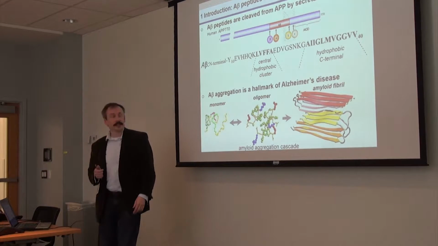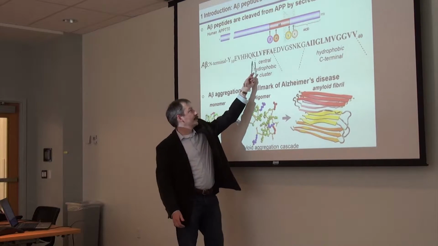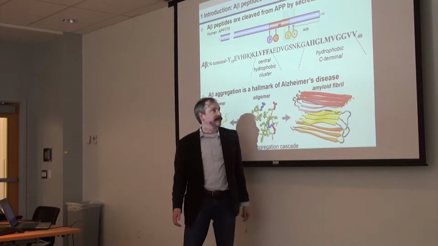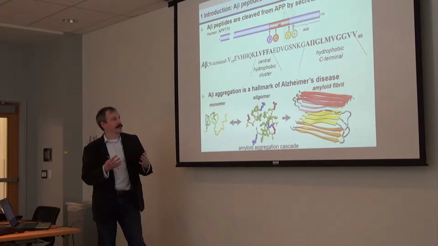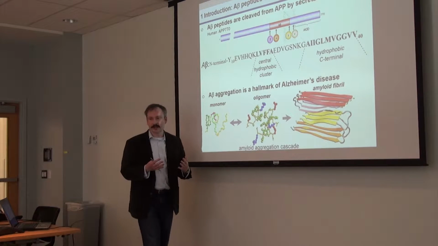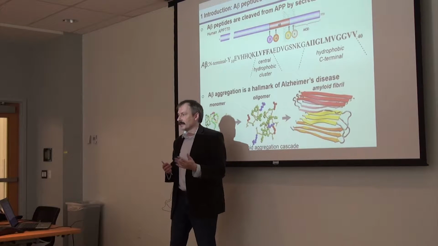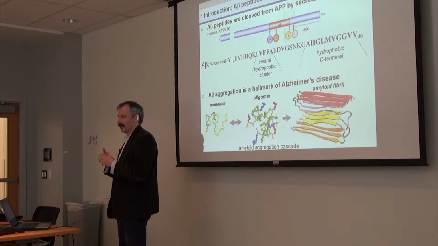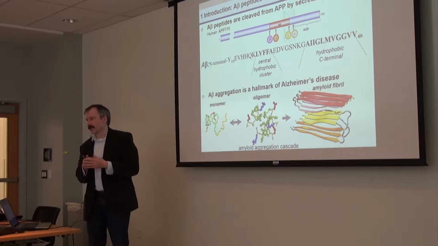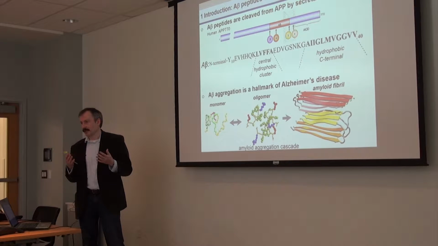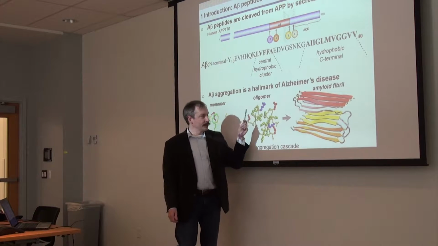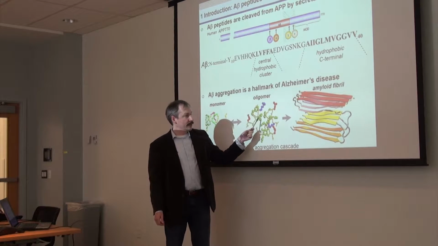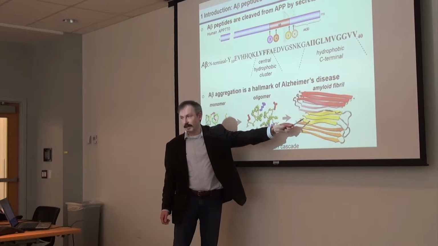This sequence has two hydrophobic regions, this one and also in the C-terminal. But otherwise, I wouldn't say that it's an unusual sequence, except that it doesn't form any well-defined native structure in aqueous environment. So this is a naturally unstructured, unfolded protein. Its important property, however, is that it readily aggregates and eventually forms amyloid fibrils.